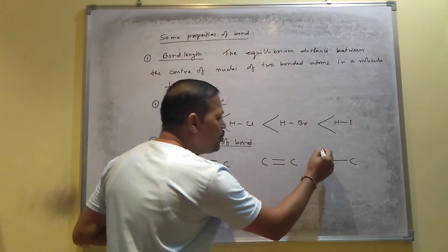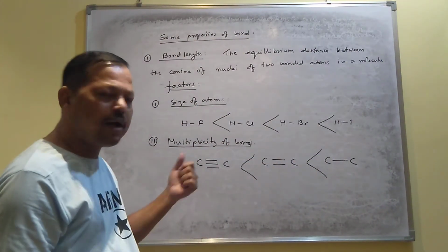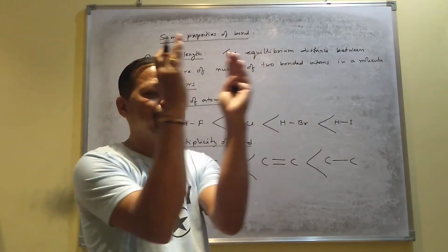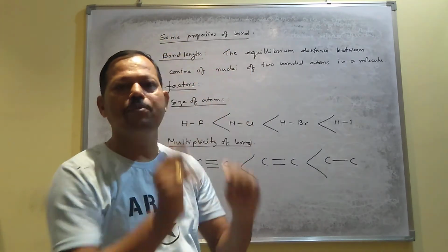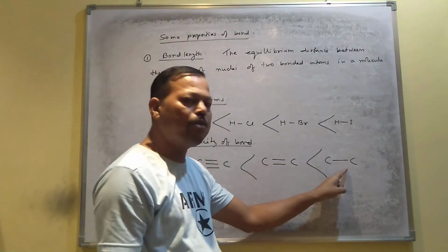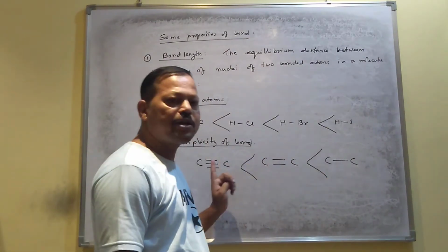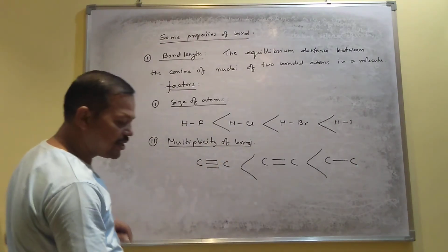Single bond always has longer length, then double, then triple. Why? Because in a triple bond there are two pi bonds, and pi bonds undergo sidewise overlap, and when sidewise overlap takes place, the length of the bond will be shorter. That is why single bond is always longer due to head-on overlap, then double bond, then triple bond. I mean, as the bond multiplicity increases, length decreases.